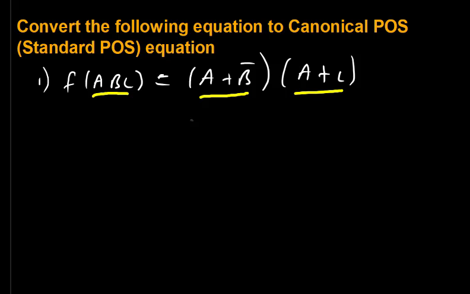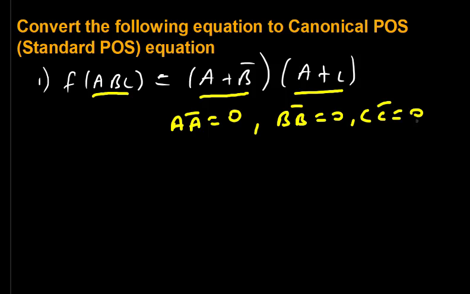First of all, we know that A bar is 0, B bar is 0, C bar is 0. Now in this particular equation C is missing, and here B is missing.